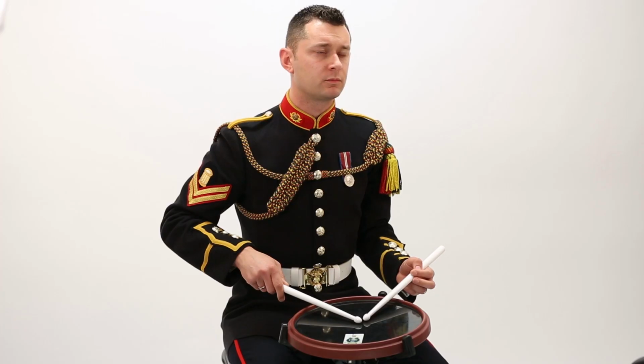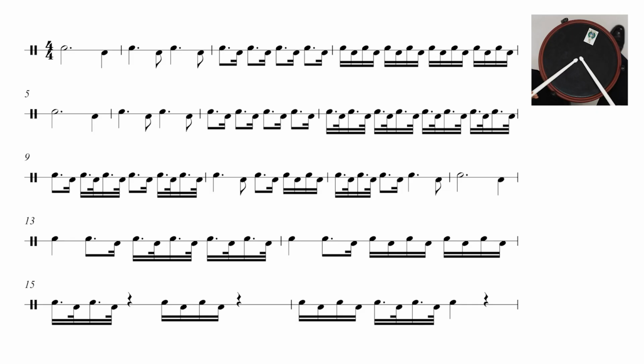This third exercise is a consolidation of all the dotted rhythms we have covered in this lesson. Ready? A 1, 2, 3, 4.